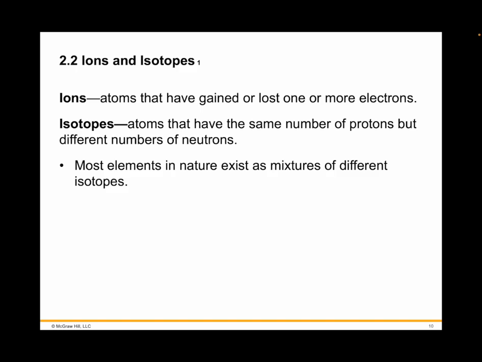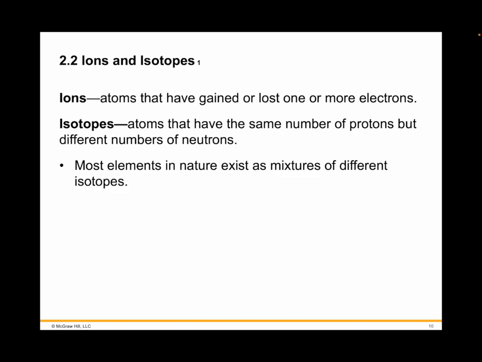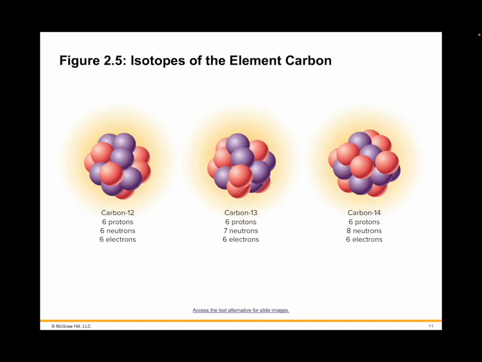So negatively charged ions called anions form when an atom gains one or more electrons from another atom. So now you have the isotope, the cation, and the anion.